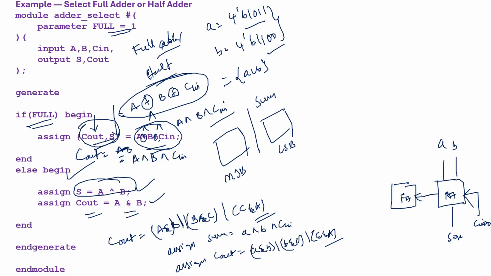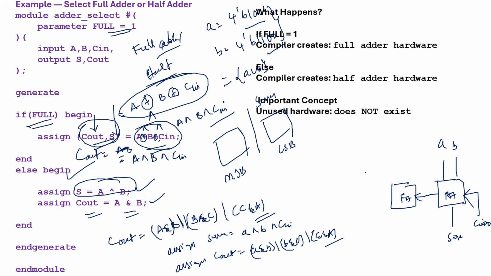That will act as an input to the next full adder. At that time I will concatenate my sum and carry, because when you add 1 plus 1, the sum output is 0 and the carry output is 1. I want to take the two outputs combined, so you can concatenate them.